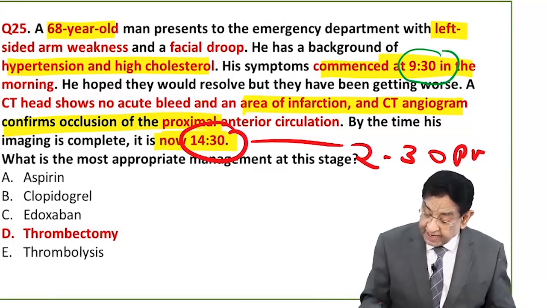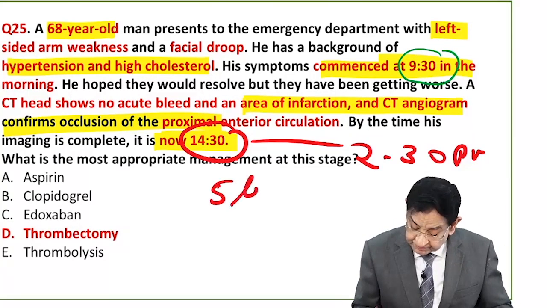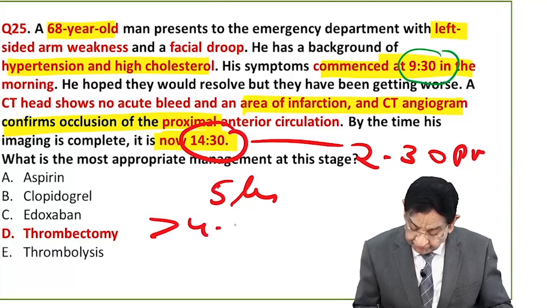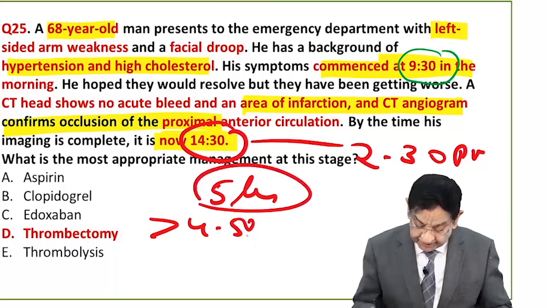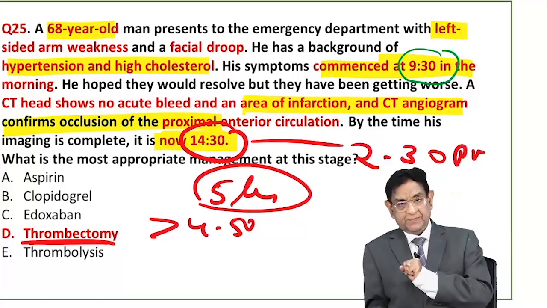It is a gap of how much time? 5 hours. The window period of 4.5 hours is gone, but it is 5 hours. Then the answer is thrombectomy is the best answer.